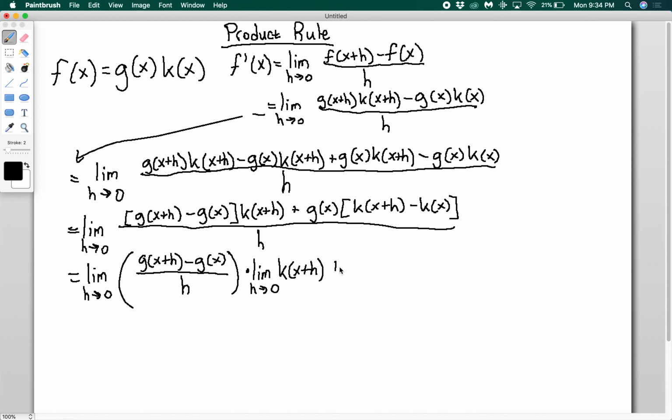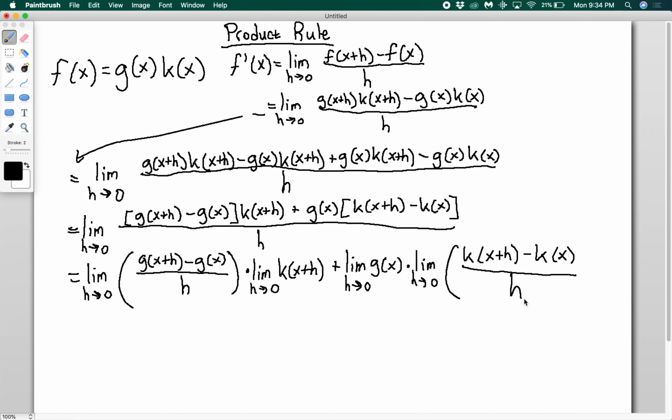And then plus the limit, because I can split this since it's just a sum, as h goes to 0 of g of x multiplied by the limit as h goes to 0 of k of x plus h minus k of x divided by h.